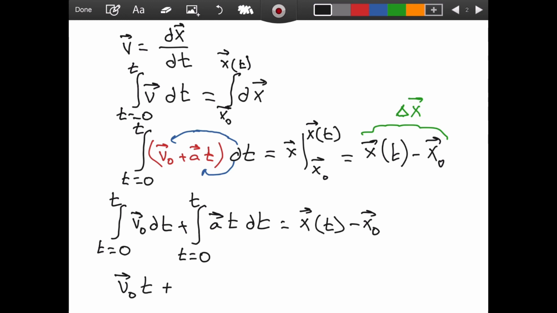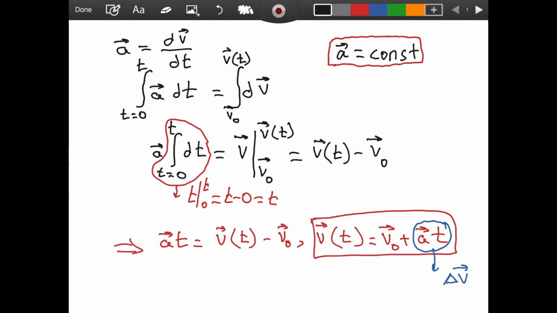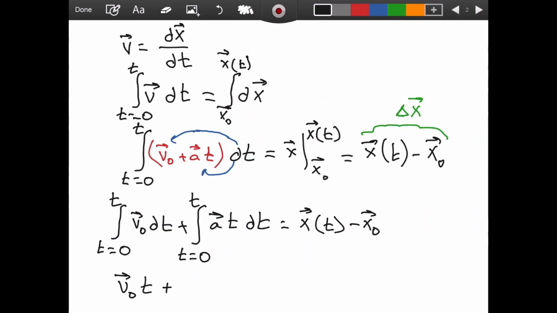Plus, now, in the second integral, is a a constant? And it sure is, we just said that. It doesn't need to be a constant, but for us to be able to use the four kinematics equations, which make the questions a lot simpler, we assume that acceleration is constant. So we take the acceleration out.